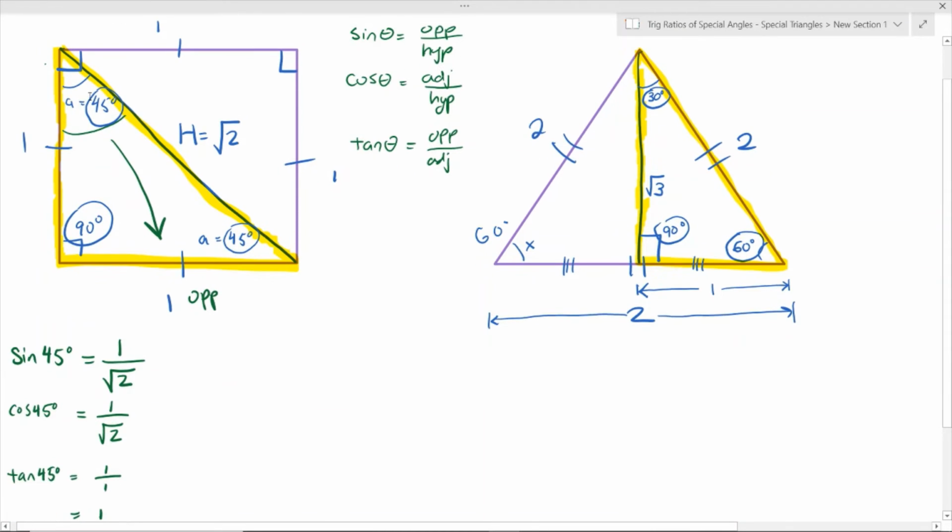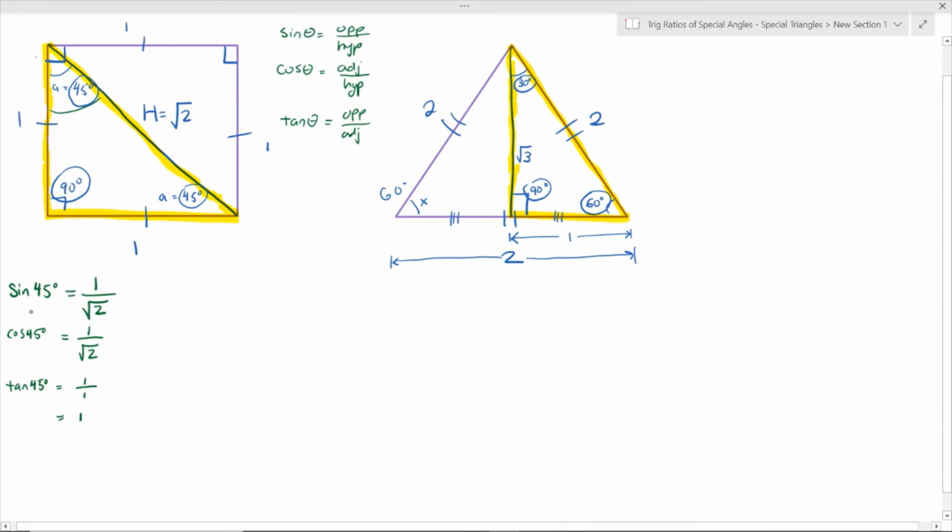So using this angle, the opposite is 1, and the hypotenuse is square root of 2, as shown in the formula, so 1 over square root of 2, because this is the hypotenuse. So there, we have the exact same thing if you use this angle.